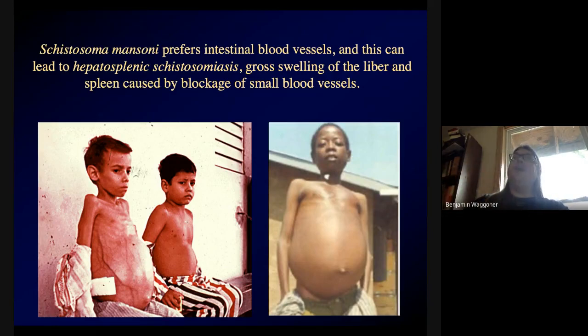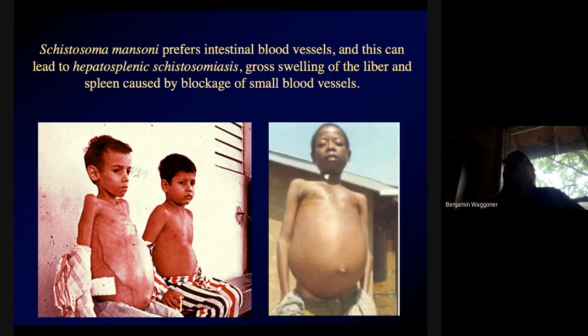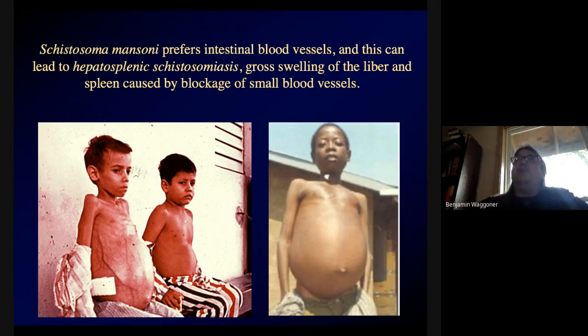Very simple way of breaking the life cycle is simply watch where you pee and you poop. You can break the life cycle if you just don't allow eggs passed from an infected human to ever get anywhere close to a snail that they could infect. And I told my parasitology class this: if you want to grow up to save lives, don't be a doctor.